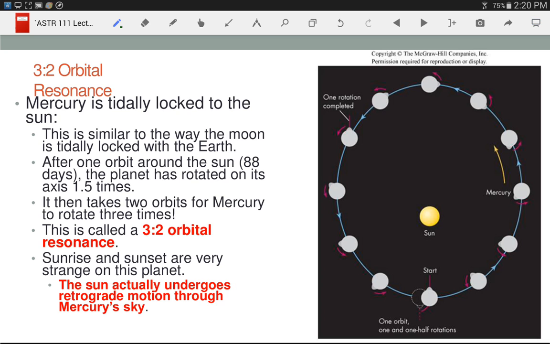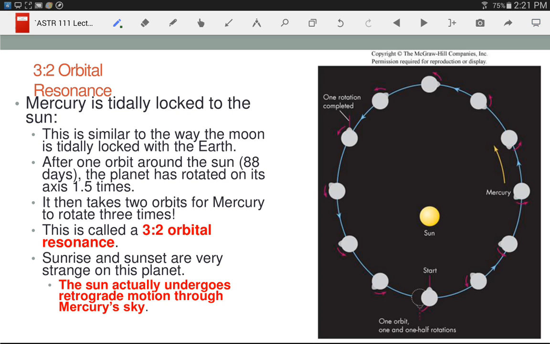We'll end up with the orbit of Mercury. Here you have a picture that shows how non-circular its orbit is. Because it's not circular, you can't have Mercury form a locked orbit like the moon has around the Earth. But it has the next best thing. It's set up a resonance. If you look there, you see once again they put a little nose to show you the side of Mercury.